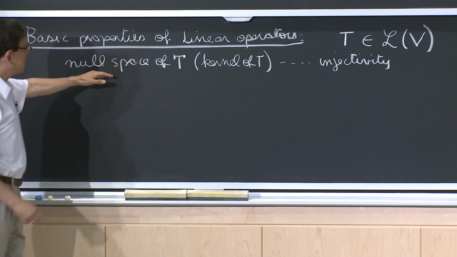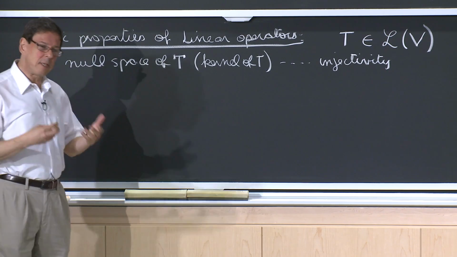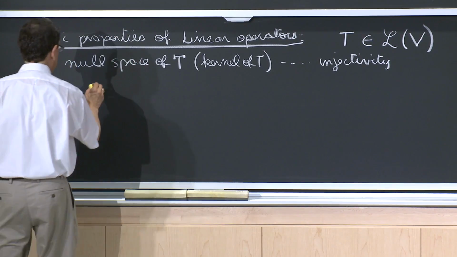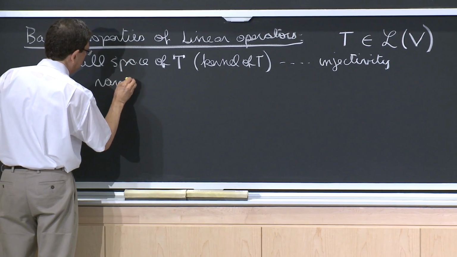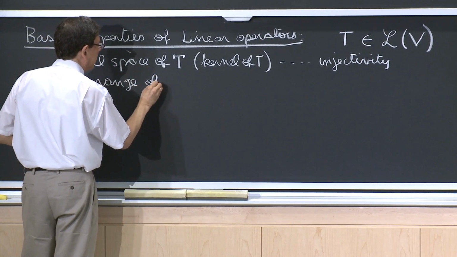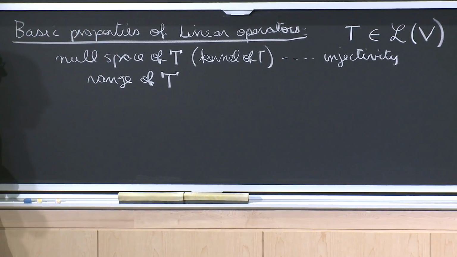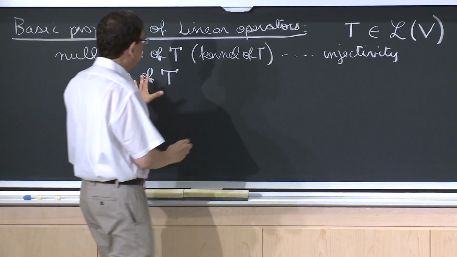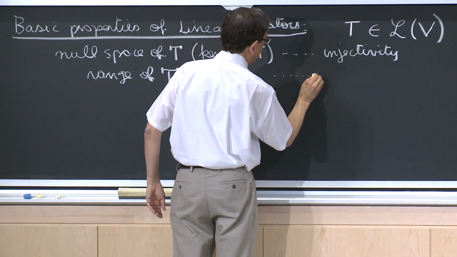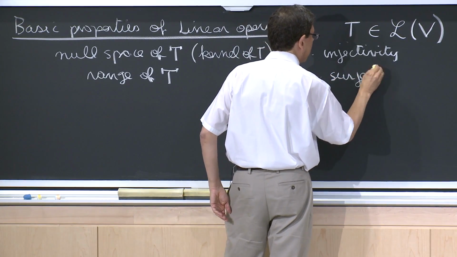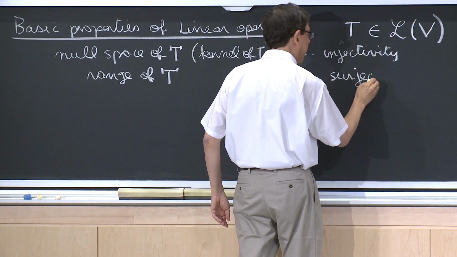So we have a null space. And then the other space that is interesting for an operator is the range of T. No other name for the range of T. And this is related to a property called surjectivity.